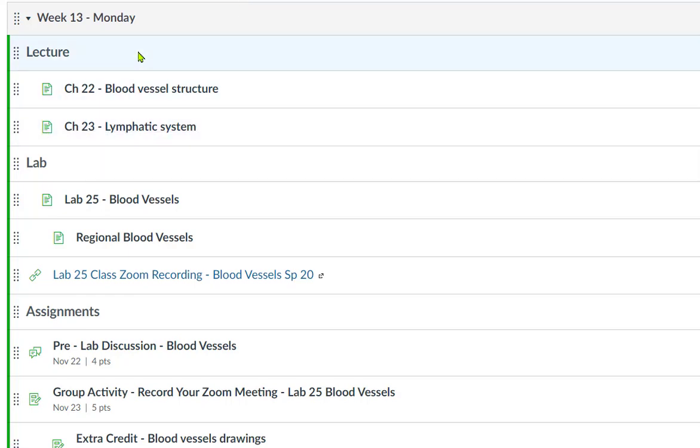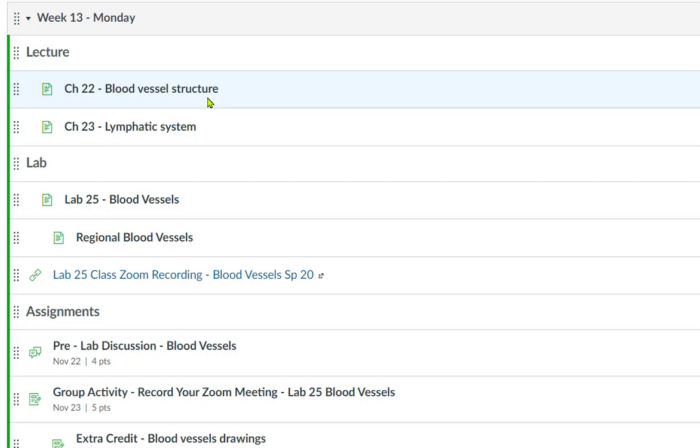Here we're just going to go over chapter 22 for the lecture part, but we are going over the blood vessel structure only. In this chapter we're going to see the general types of blood vessels that we have in the body: arteries, veins, and capillaries.